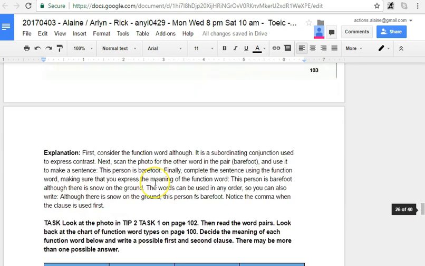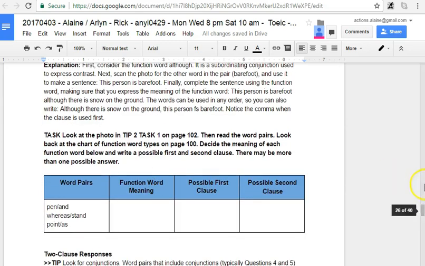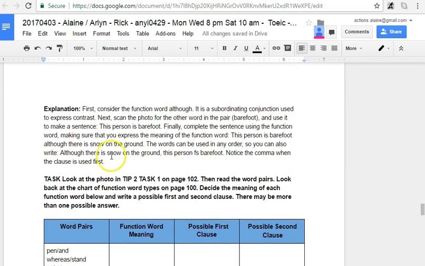Now, please go to page 26. Could you please read the explanation for me? First, consider the function word below. It is a subordinating conjunction used to express contrast.